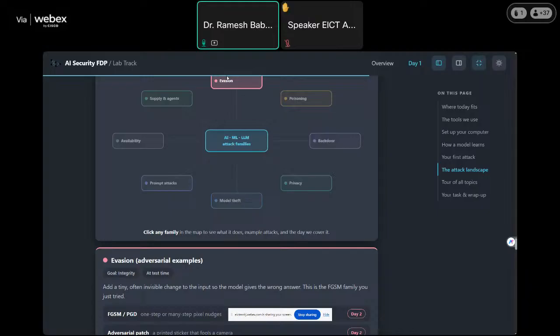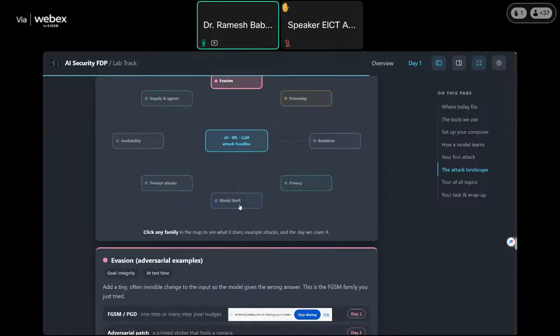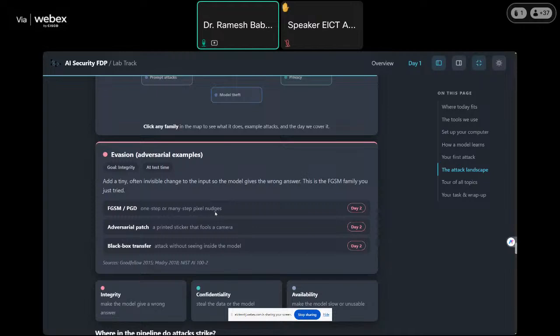So starting with the first component, that is evasion attacks, we will see the different subcomponents of these attacks. We have four sub attacks here: the FGSM attack, PGD attack, adversarial patch attack, and black box transfer attack. Before moving to the details of these attacks, I want to ask a question. Do you find anything which is limiting this FGSM attack?